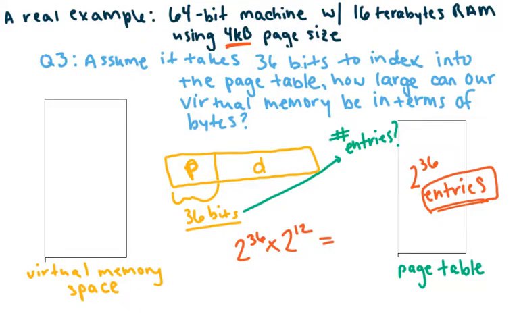And we get 2 to the 48, barring any dumb math errors. Nice. Okay, so we get that this can be 2 to the 48 bytes. All right?